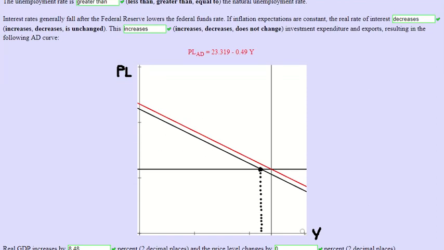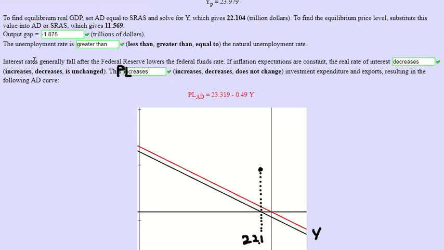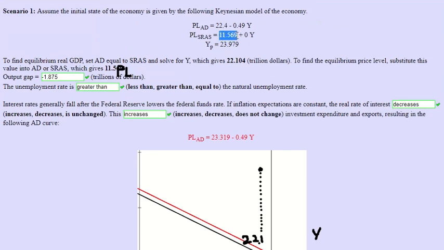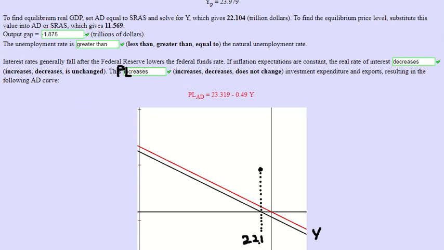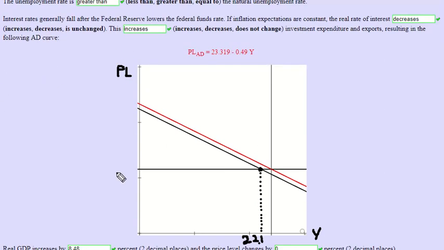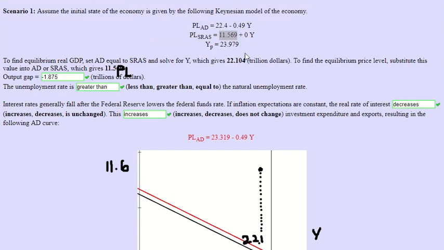I'm going to just abbreviate it to 22.1. The price level is 11.569. I'll abbreviate that as 11.6. Real GDP, or potential GDP, is 23.979. So I'll abbreviate that as 23.98.